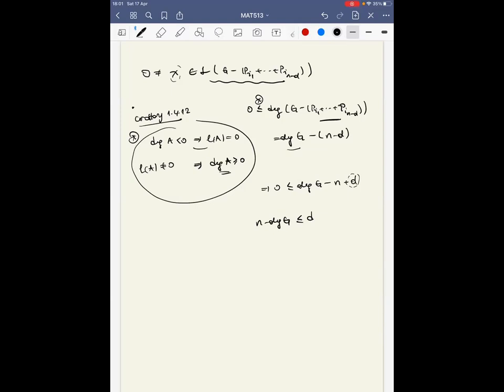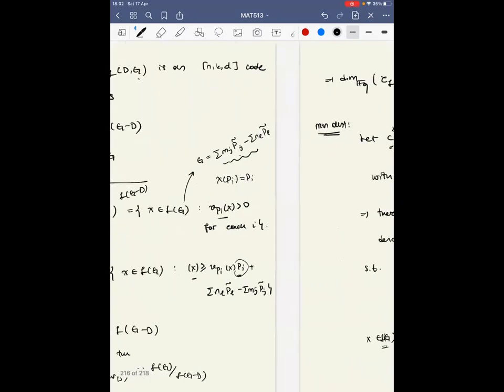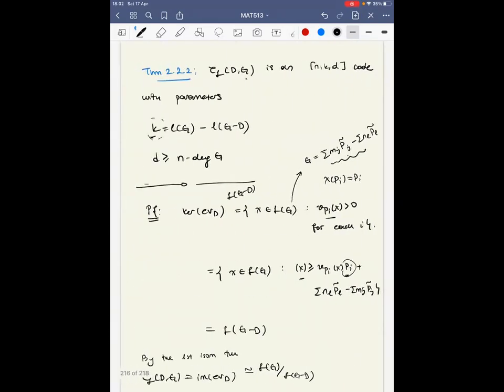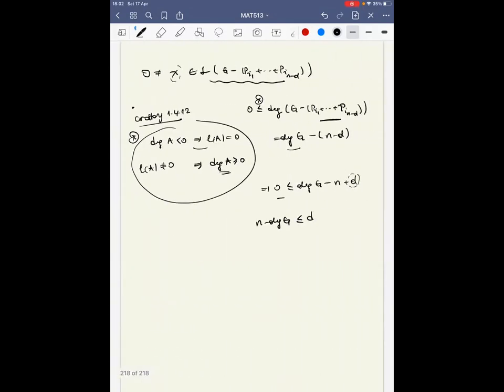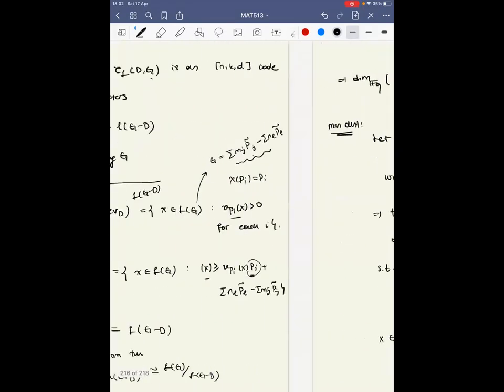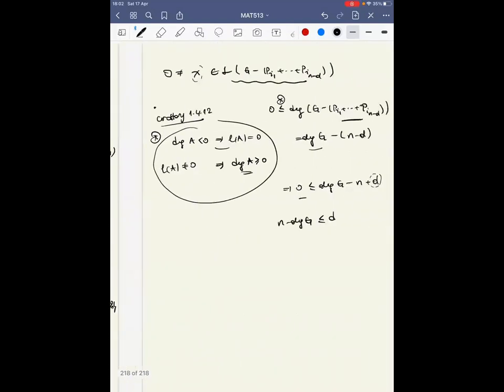Couldn't be sure where. Our claim is to show that the degree of G minus n plus d is bigger than or equal to 0, that is, d is at least n minus degree of G. Yes, okay.